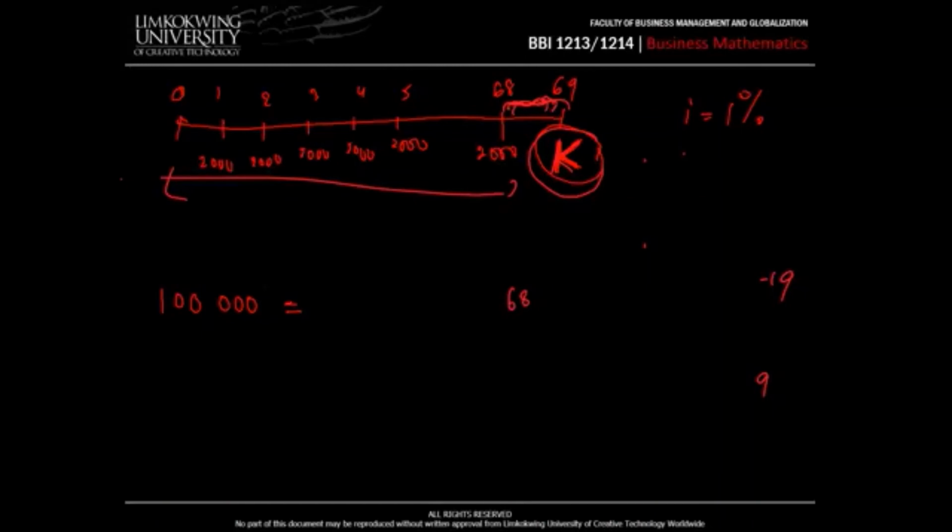But the n that we got just now is 69.7. Let's see, we conclude that until 68, she paid 2,000 every month. And the concluding size of the final payment, the concluding payment, might be more than 2,000, or it might also be less than 2,000.